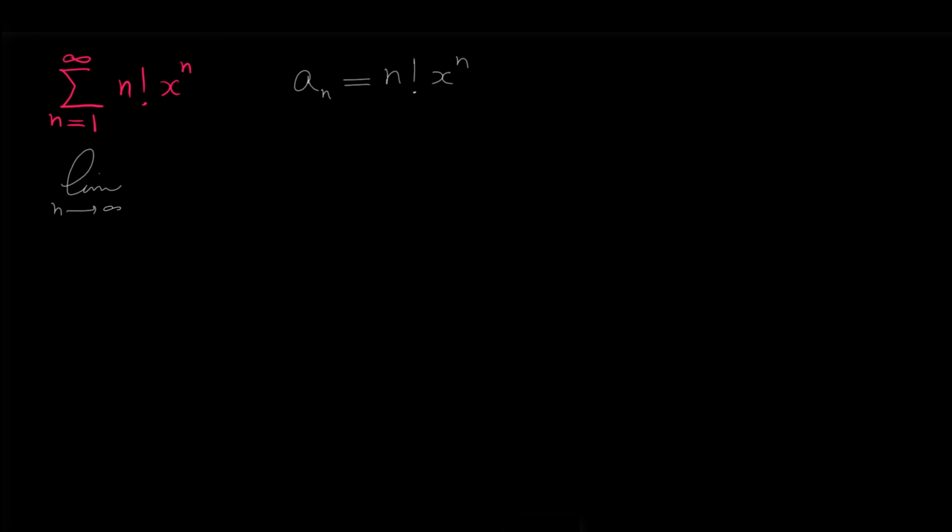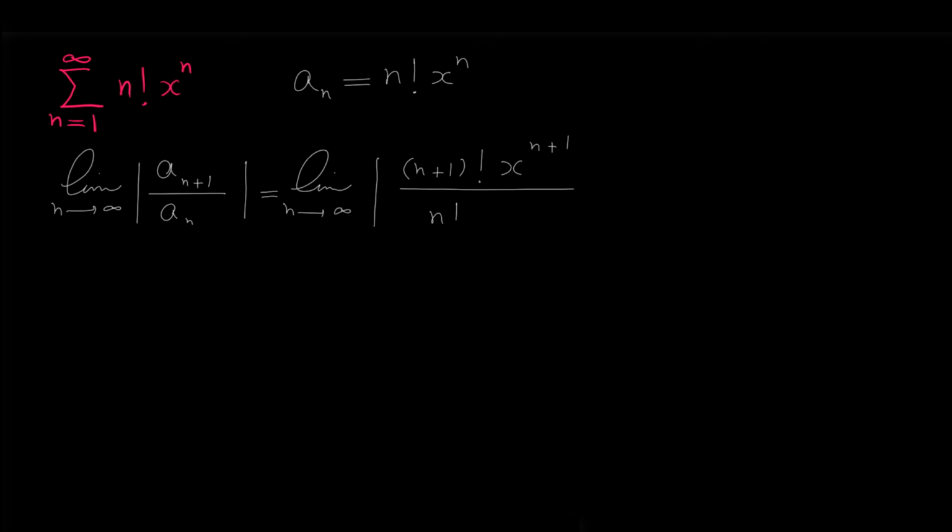The limit as n approaches infinity of the absolute of a sub n plus 1 over a sub n equals the limit as n approaches infinity of n plus 1 factorial x to the n plus 1 all over n factorial times x to the n.